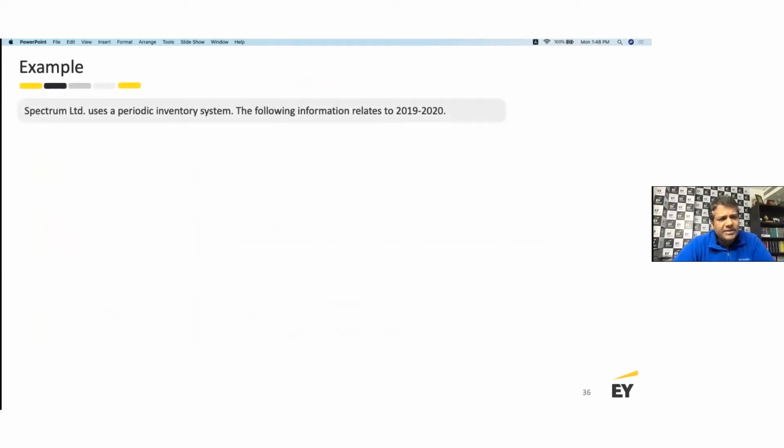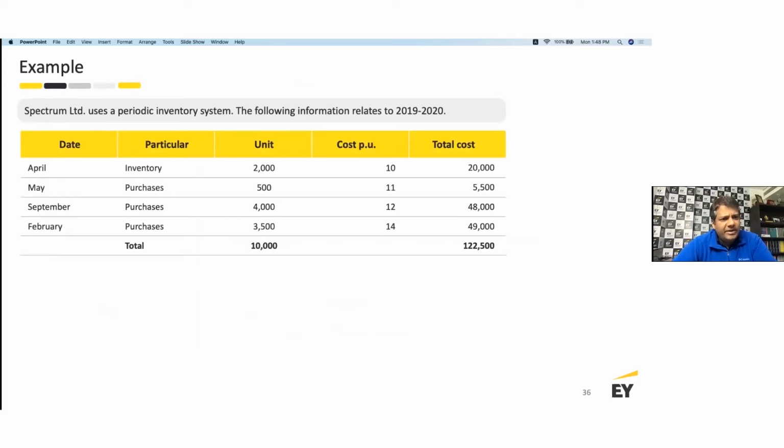Spectrum Limited uses a periodic inventory system. The following information relates to 2019-20: date, particulars, units, cost per unit, and total cost. In April, May, September, and February, they made purchases of 2,000, 500, 4,000 and 3,500 units at different price points: 10, 11, 12, 14.